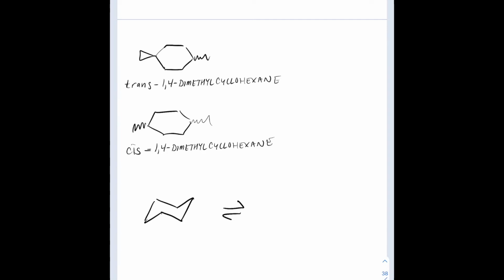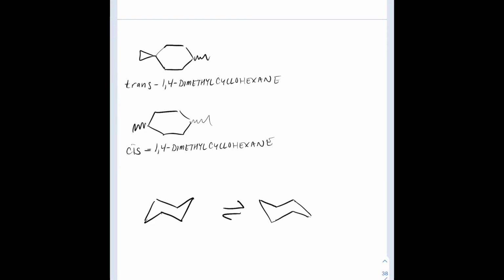Here's one chair, and then we will go back and forth. Sorry, I'm not good at drawing the opposite chair. I've gotten by because I just tend to avoid it.